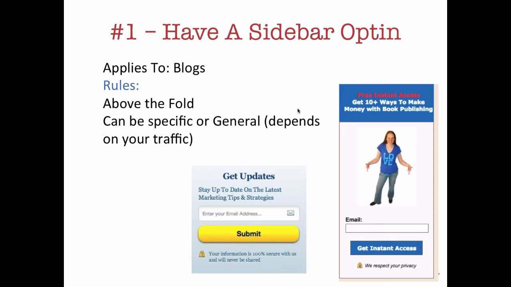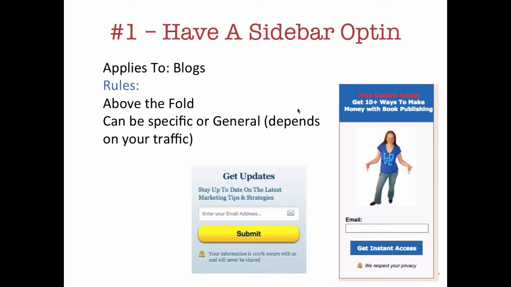And your sidebar opt-in can either be very specific or it could be general. So on the bottom here I have two examples, and the one on the left where it says get updates, that's a pretty general one, right? So it's not saying anything specific about what you're going to give them, like you're going to give them a report that does XYZ, you're going to give them a video.